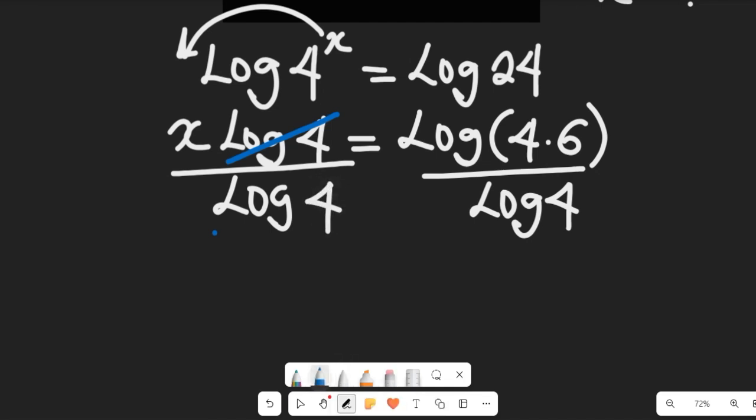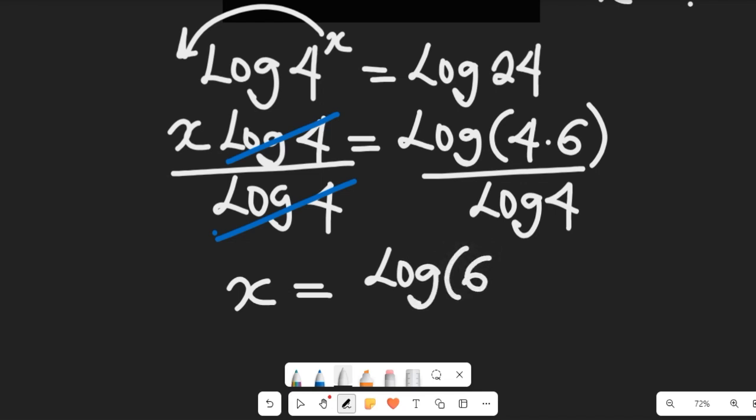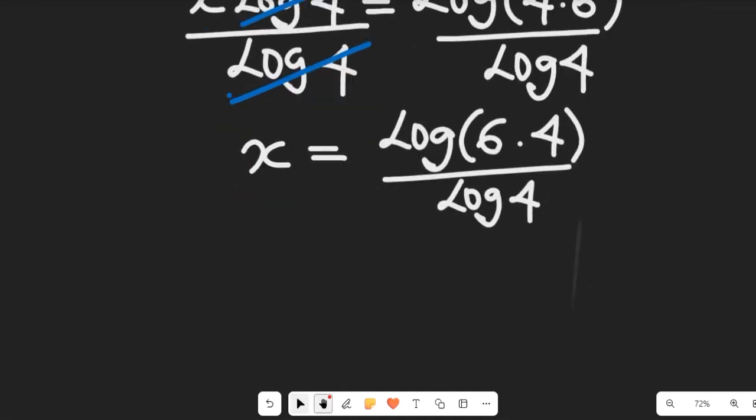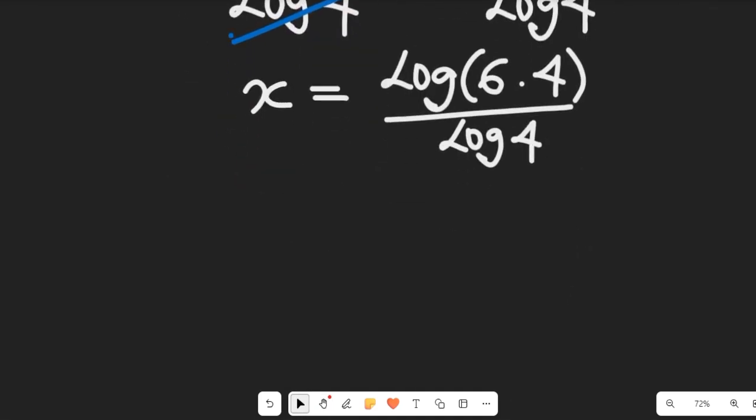And this will cancel out this. And then we'll be left with our x equal to the log of 6 multiplying 4 or 4 multiplying 6, and this will be divided by the log of 4. Great.